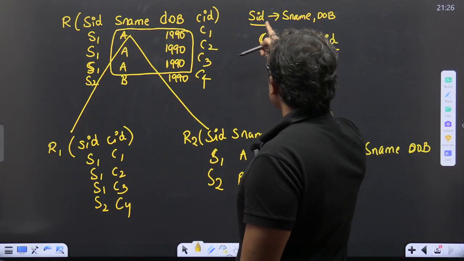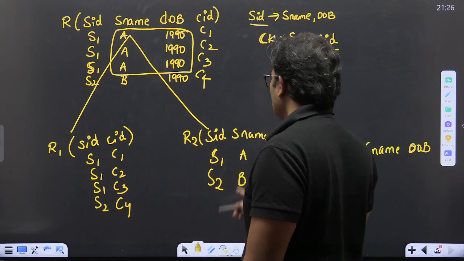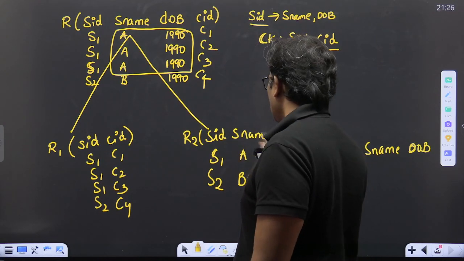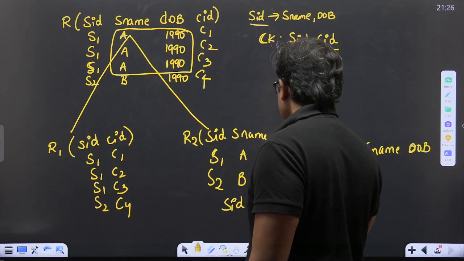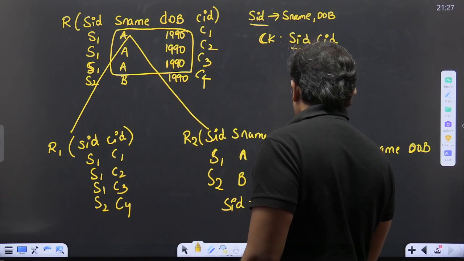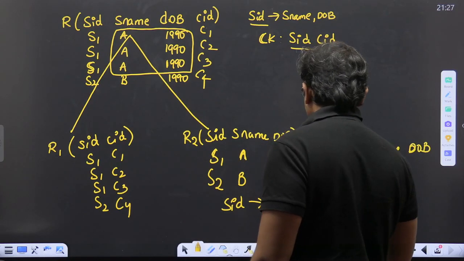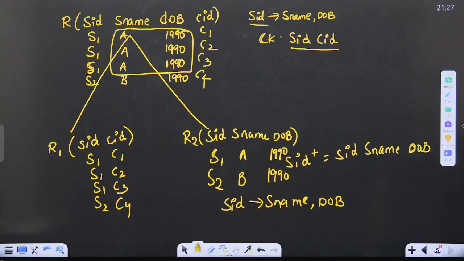So let us look at lossless decomposition, okay, or functional dependencies, okay. So this functional dependency comes in this table R2. SID determines SNAME and date of birth, right?